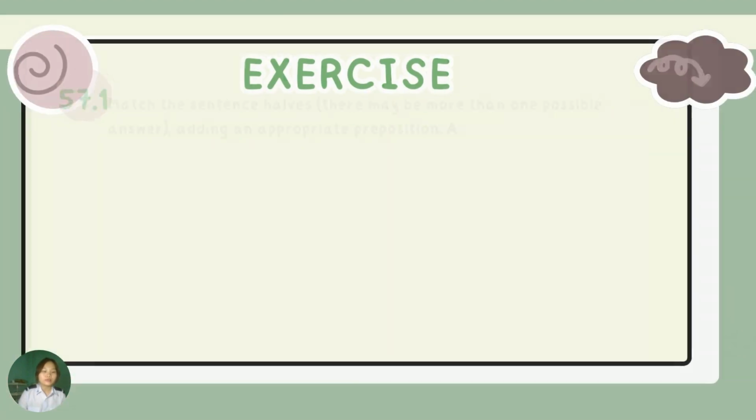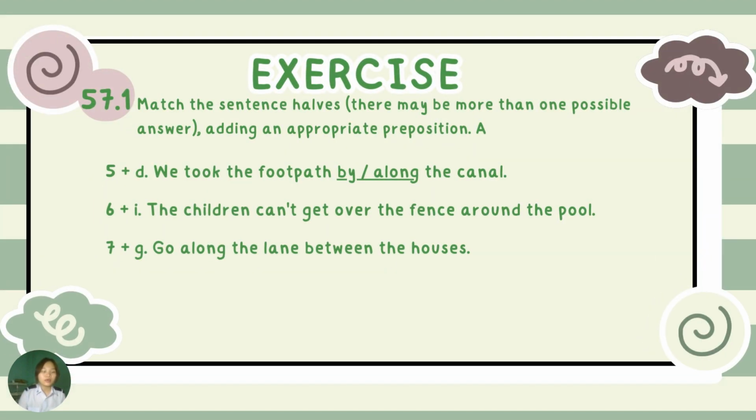Number 5 matches with: we took the football path by or along the canal. By means near the canal, while along means moving in a direction parallel to the canal.